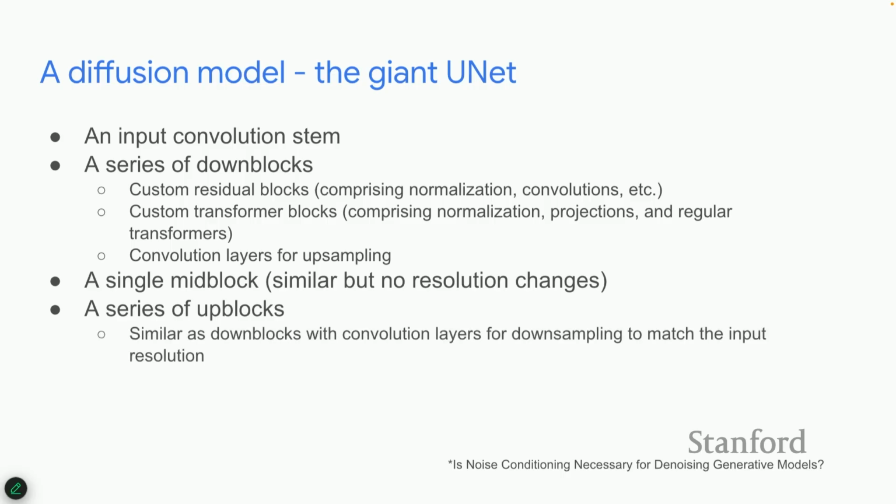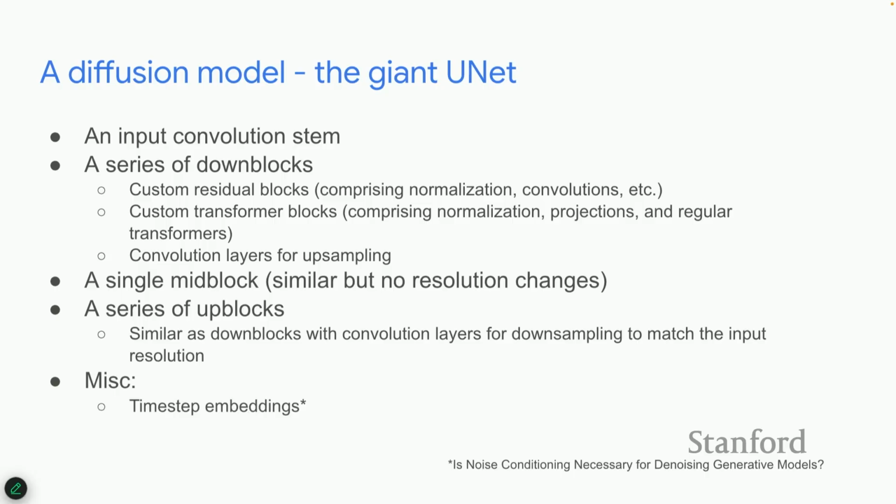And finally, you will produce the output that will have the same shape as your input. And it basically resembles the same kind of blocks that you would have in your down block counterpart, but instead of doing upsampling, it will have downsampling layers. So yeah, and there are some miscellaneous things that you should worry about.